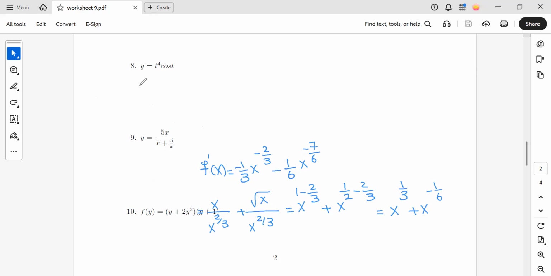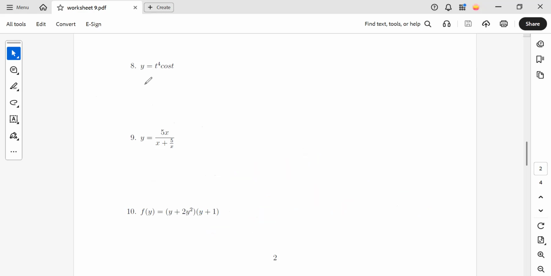Okay. Number 8 is product rule. So we would follow the product rule. It says copy the first one, derivative of the second one, plus copy the second one, and derivative of the first one, which is 4t cubed.